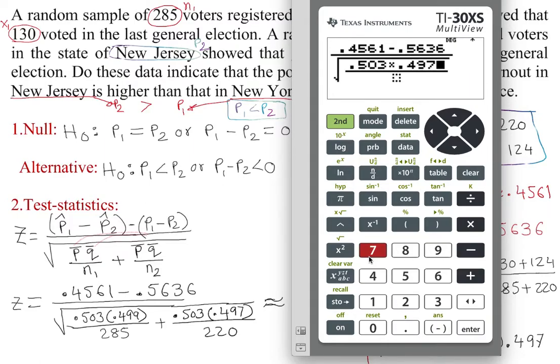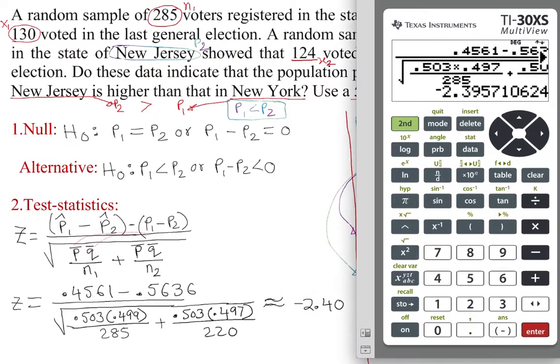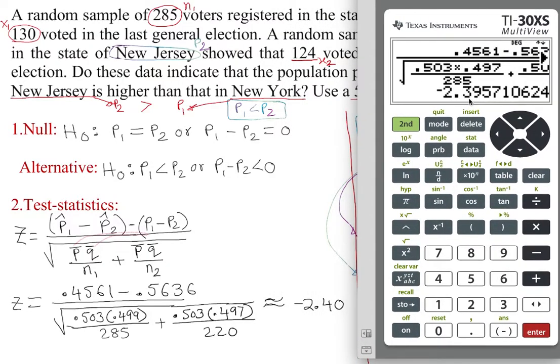Again, we use 4 decimal places, going down to 285 on the right side, plus 0.503, same thing, n over d. Of course, I missed something on the top. I have to write 220, times 0.497. Done. Enter. So that is absolutely what I have here, negative 2.395.